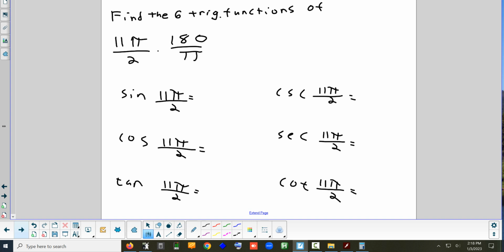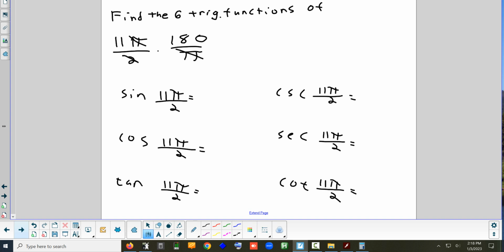So to change it, multiply by 180 over pi. What's going to cancel there first? The pi's. And I can't cancel this, but I can reduce it. What reduces? The 180.